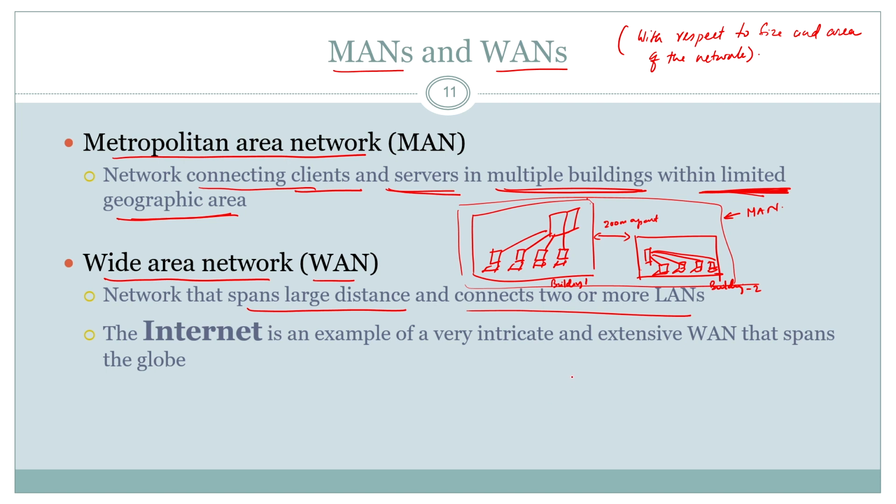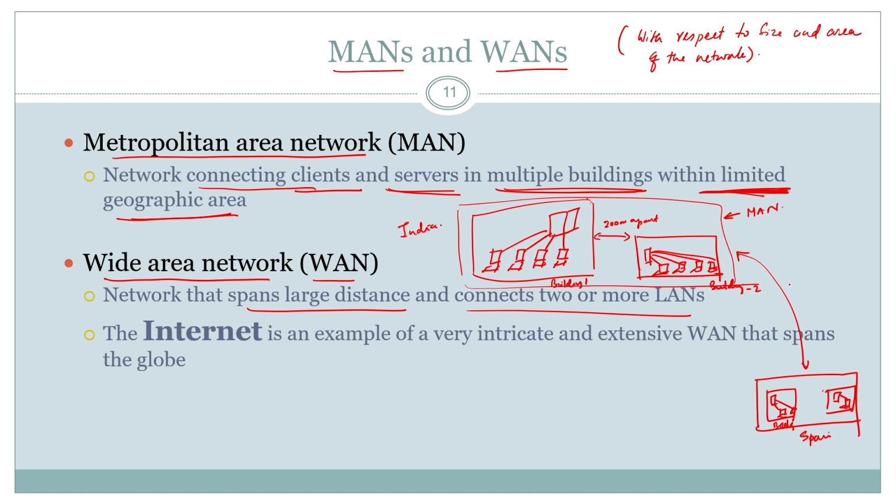Whereas, let us say this is in India, and there is another one like this: in another building you have two networks, a server and only one client, and let us say this is in Spain or something like that.